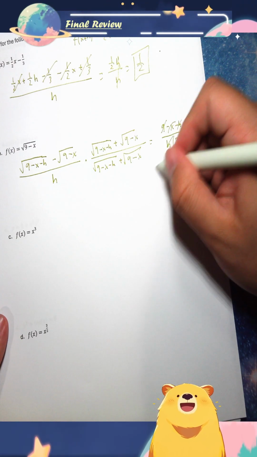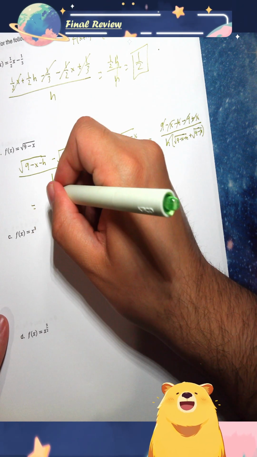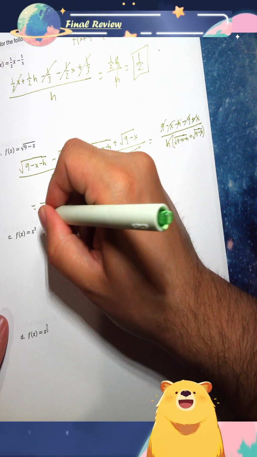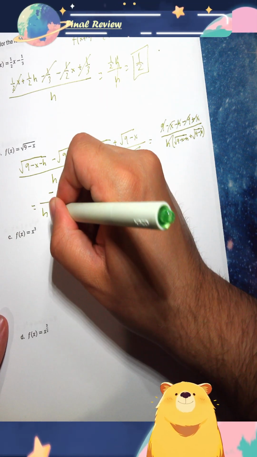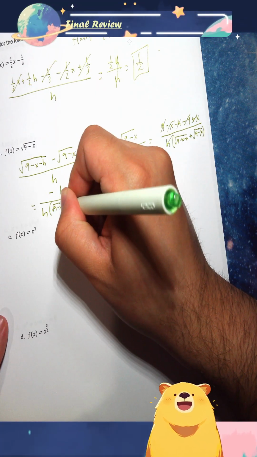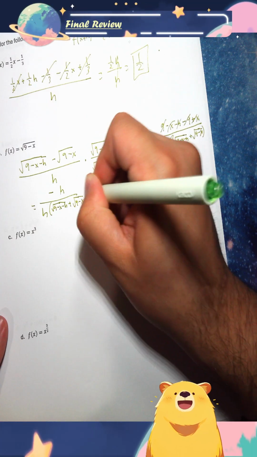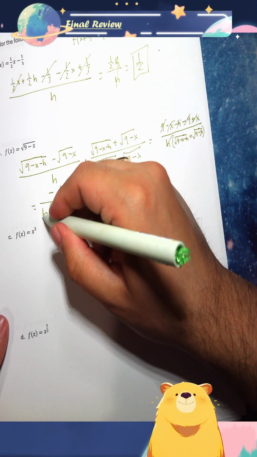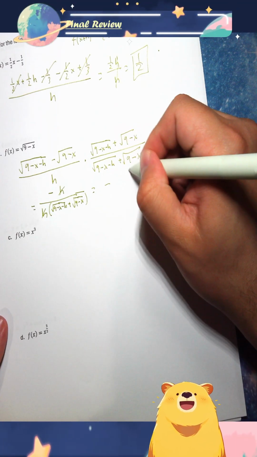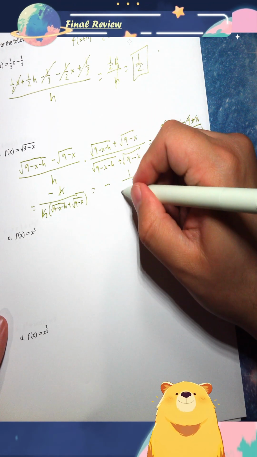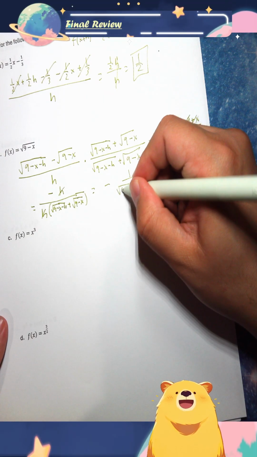Or let me do it by step, because I noticed that sometimes we skip that step prematurely. The square root of 9 minus x minus h plus the square root of 9 minus x. Then you cancel it out, and you get negative 1 over both of those square roots.